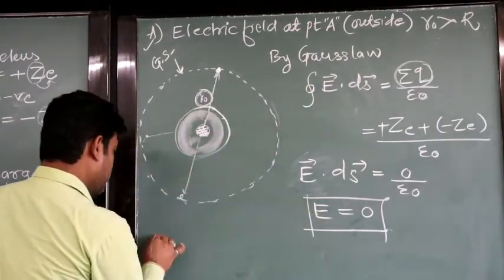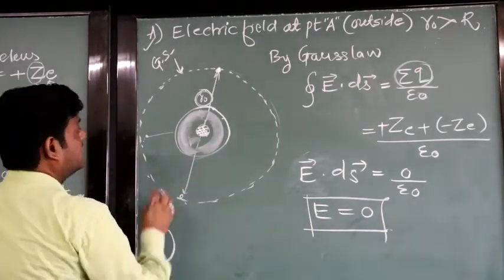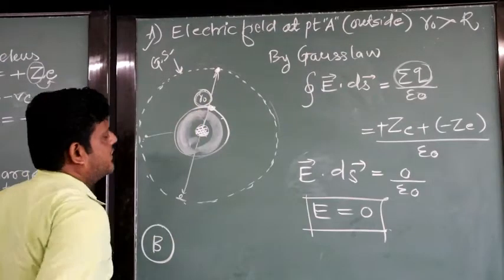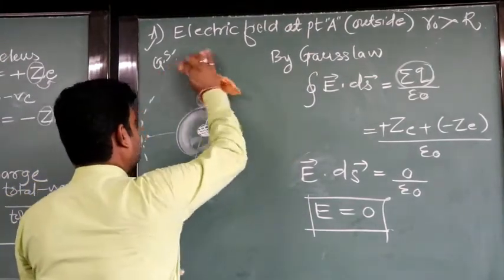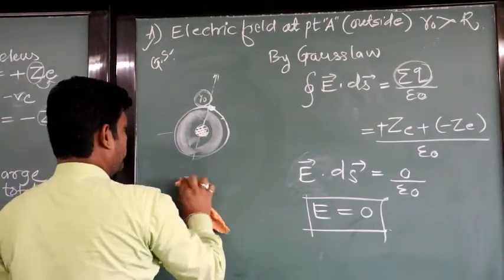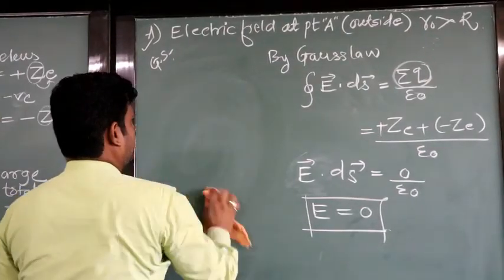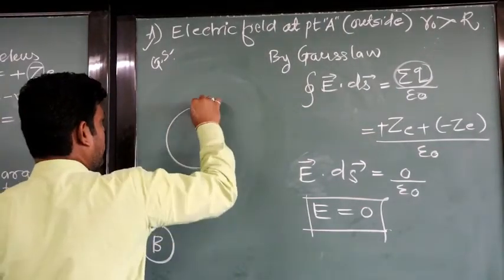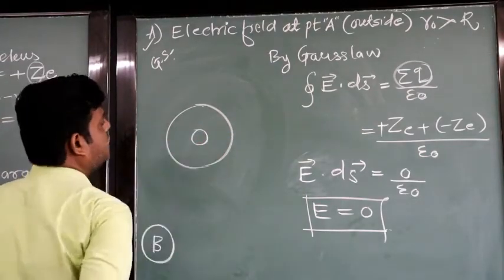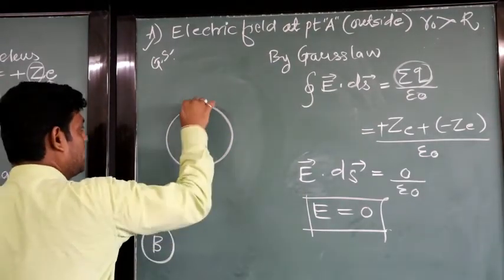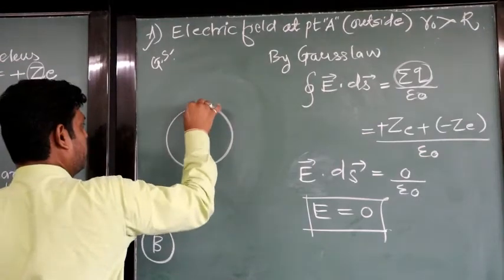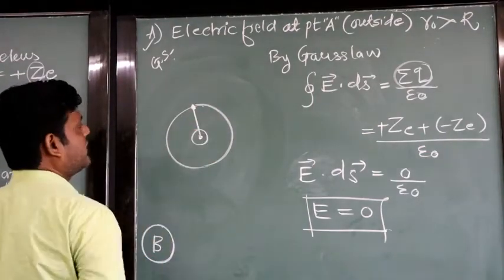The next point that we are going to consider is on the surface, this is the surface, right? Now we are drawing a new diagram for this. Suppose this is your atom, this is a nucleus, right? On the surface here, we are going to calculate the electric field.